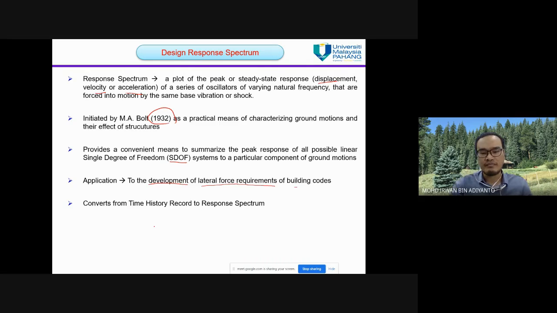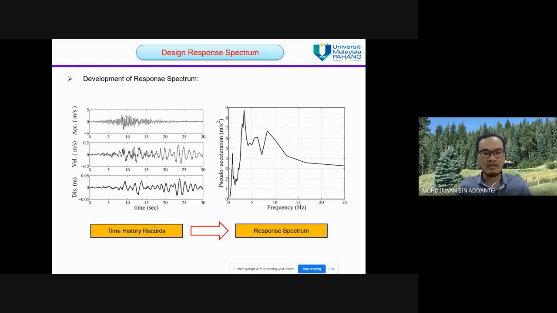This is the time history record. As I mentioned in the previous video, the displacement against time, velocity against time, and then the acceleration against time, and then we convert it in terms of response spectrum.